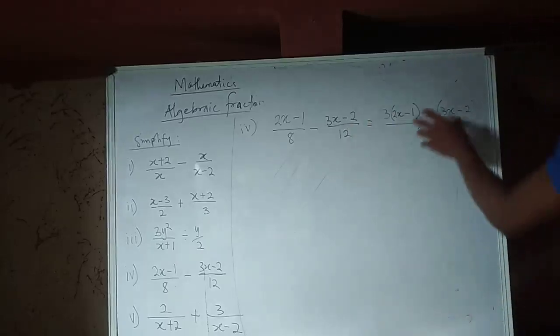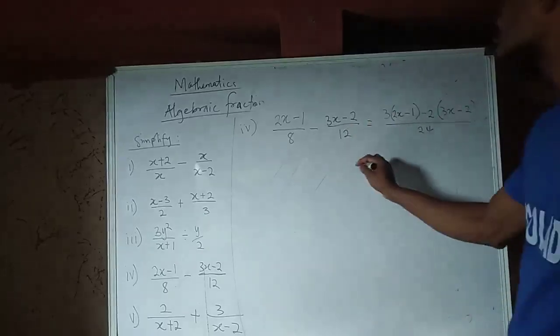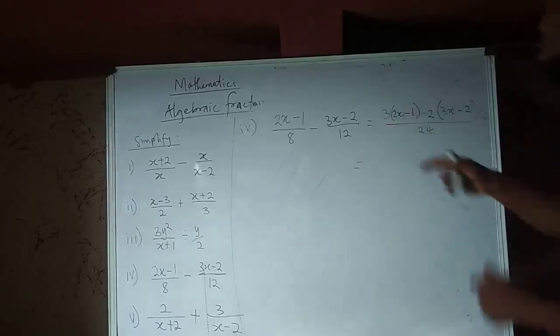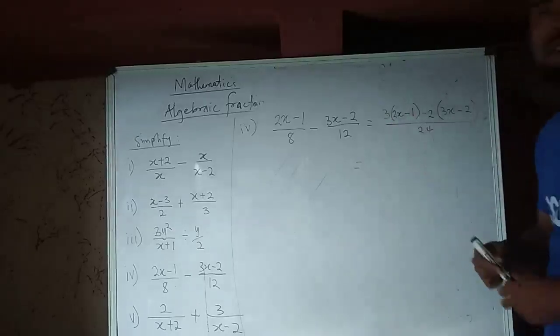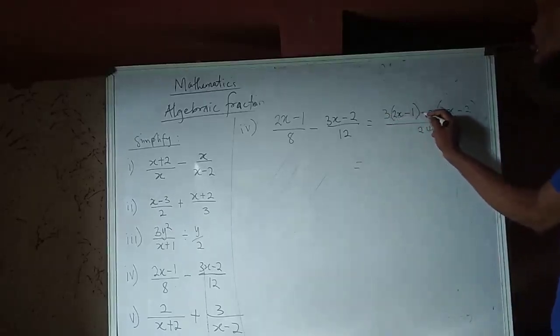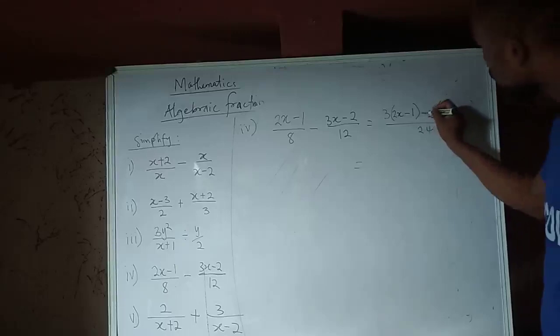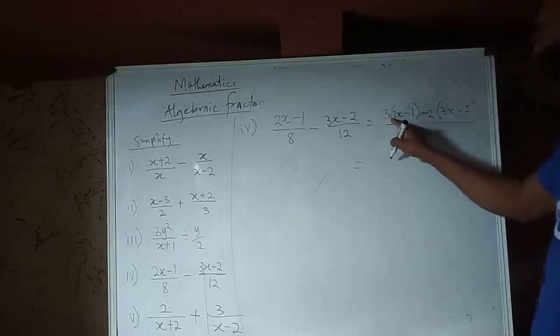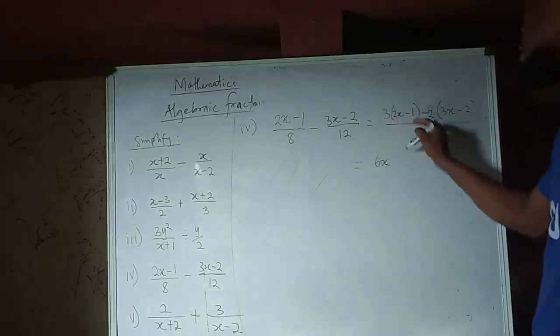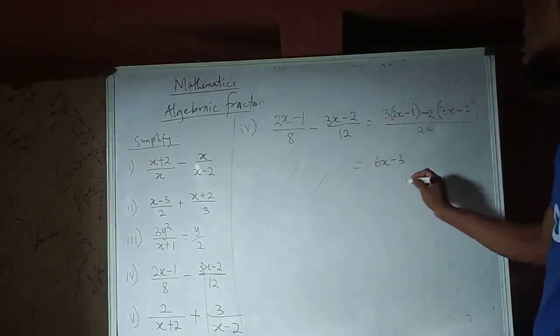So from what we have, I'm going to clear the fractions in the numerator. I'm going to use the number outside the bracket to multiply the things inside the bracket. When I do that, I get 3 times 2x, which gives me 6x. 3 times minus 1 gives me minus 3.